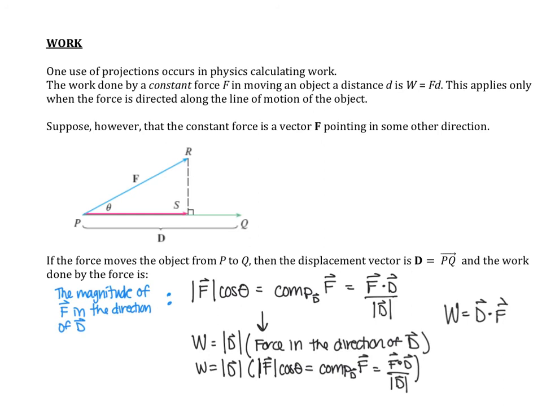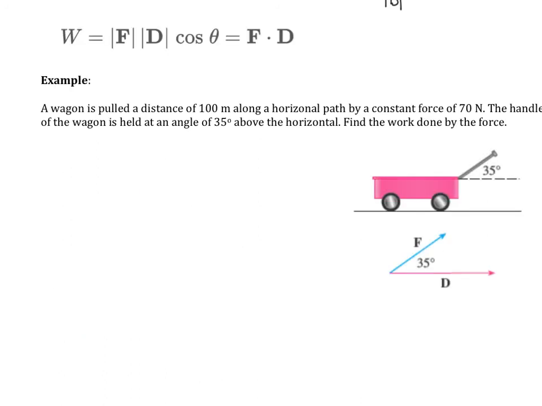Let's look at an example where we can put this into practice. So I put these formulas up here. It says a wagon is pulled a distance of 100 meters along a horizontal path by a constant force of 70 newtons.